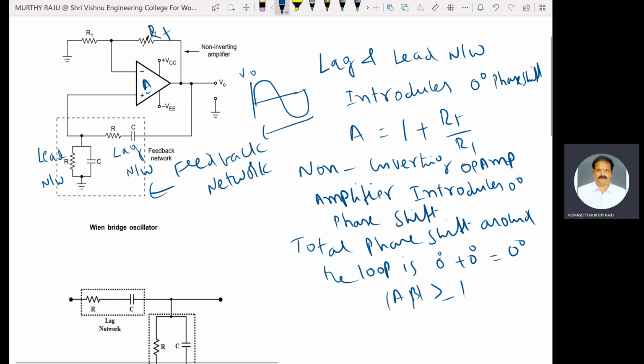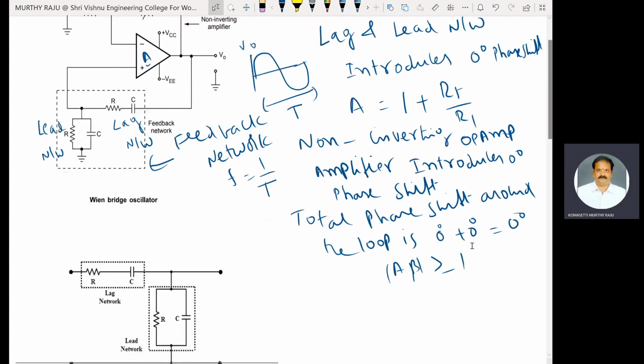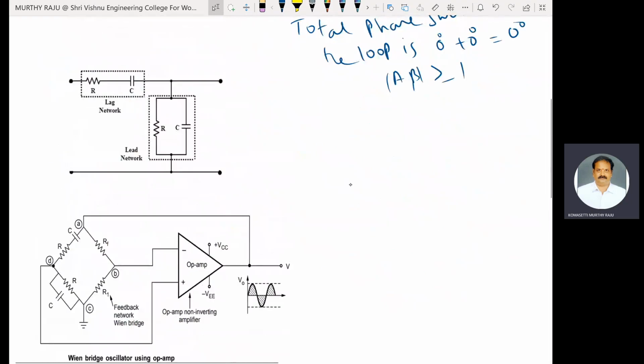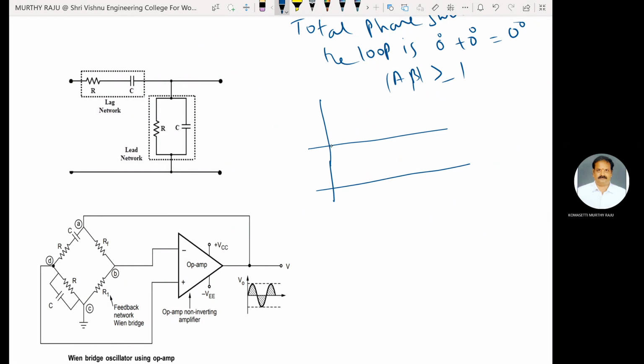Calculate the time period of the waveform, T. The frequency of oscillations is the reciprocal of T. Next, coming to the lead lag network, this is the frequency and this is the phase. This is the resonance frequency FR.